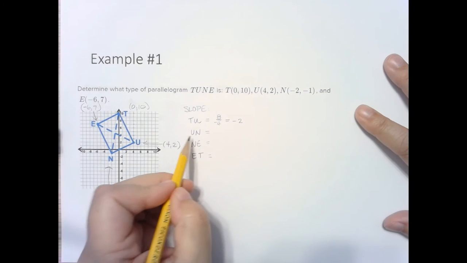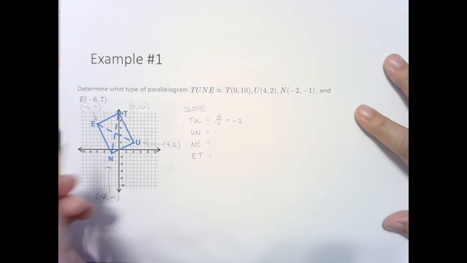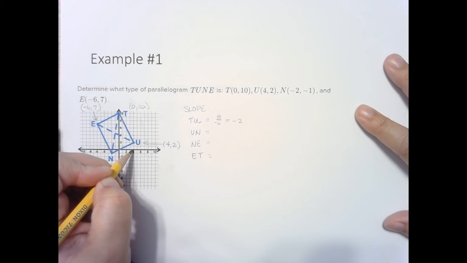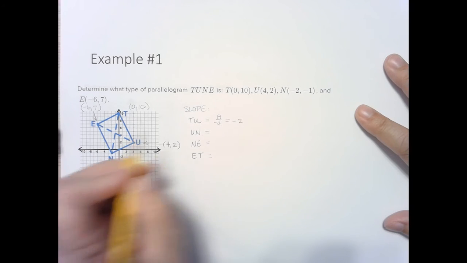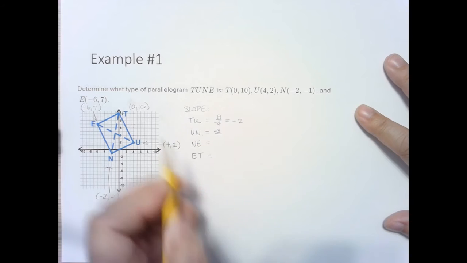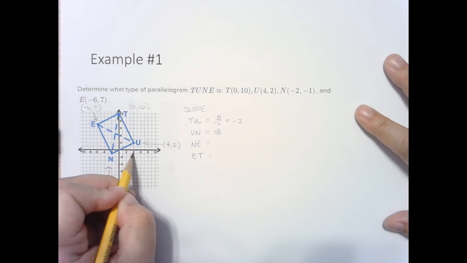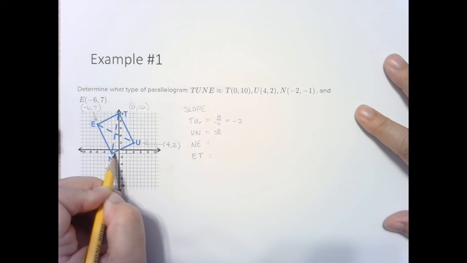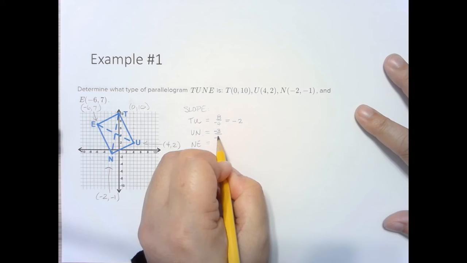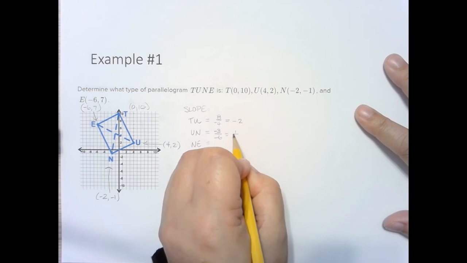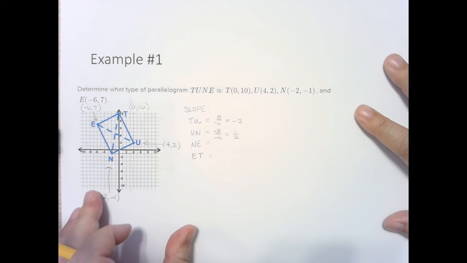Okay. Now from U to N, I go down 1, 2, 3. So I put a -3, since I went down, and now I'm going over 1, 2, 3, 4, 5, 6. Since I went to the left, so that's 1/2.